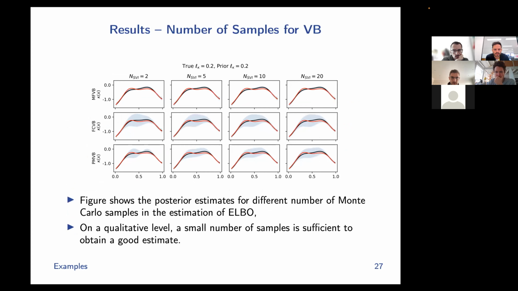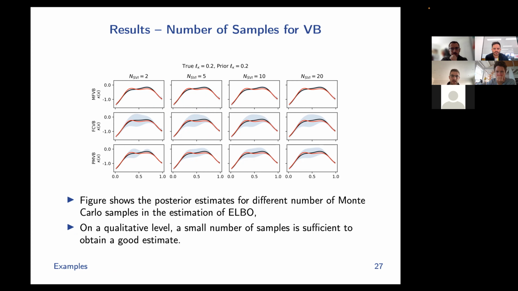Then a few more experiments. These figures show the posterior for kappa with an increasing number of samples of the log likelihood when we estimate the expectation.